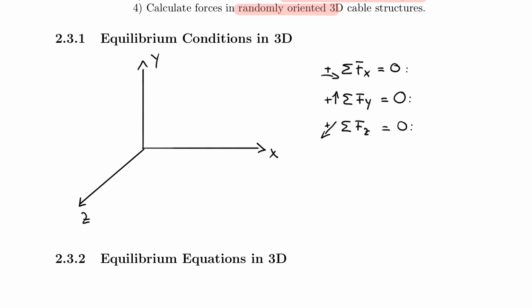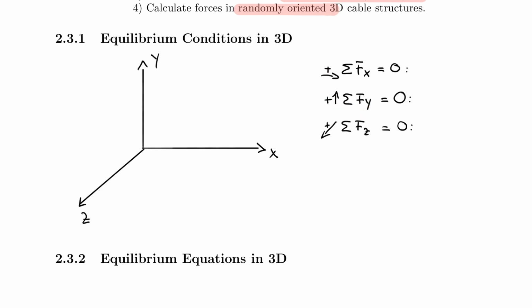And what that means now is that we are ending up with one more condition. So we had these two conditions before. We now have a third condition. And I want you to think about this for a second, what that really means. And let me take you back to the 2D condition.